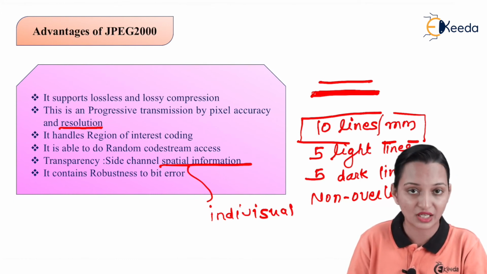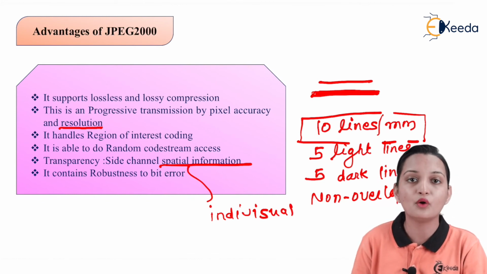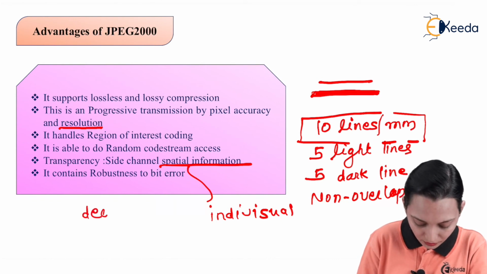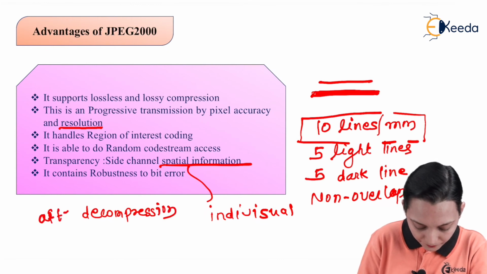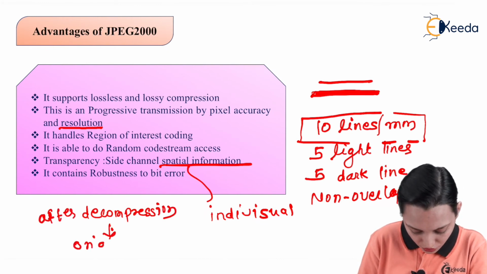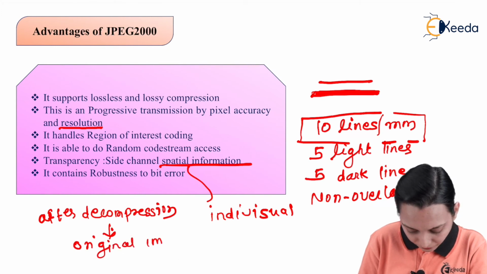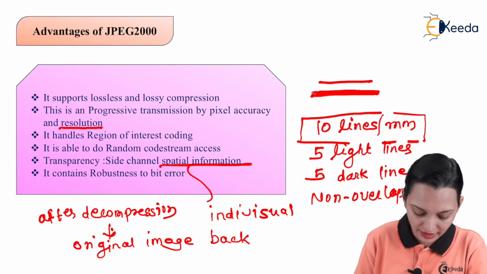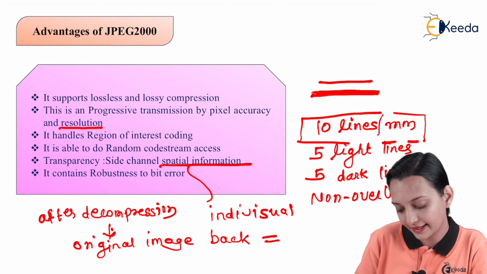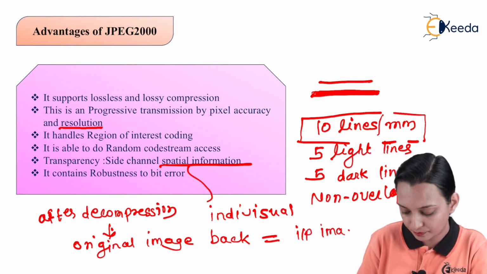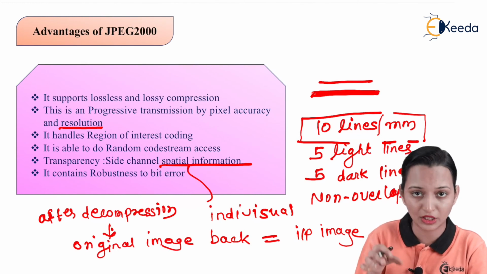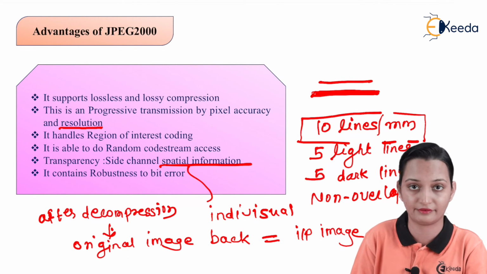What transparency means is how you are able to achieve the original image after the decompression. If your output image is exactly equal to your input image, then the block diagram or that particular method possesses high transparency.